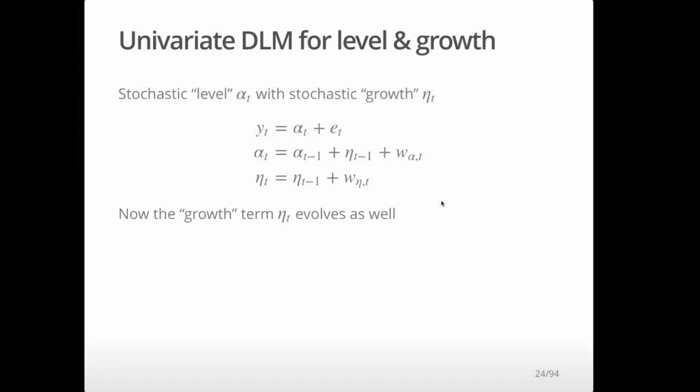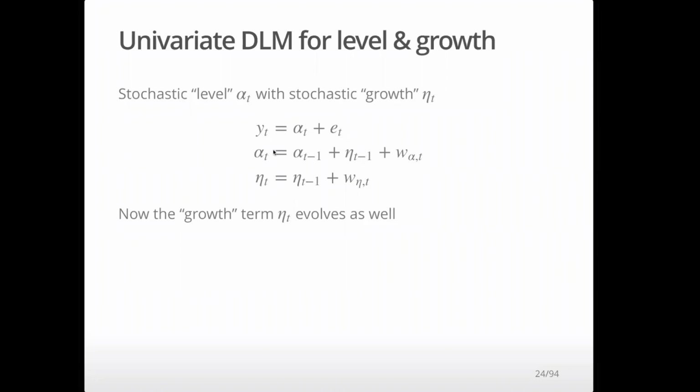Okay, now let's get a little fancier. Let's consider a situation where both the underlying level can change over time and the bias can change over time. So we'll write the observation equation the same way. We're going to say that the observation today is just some level that changes plus error.